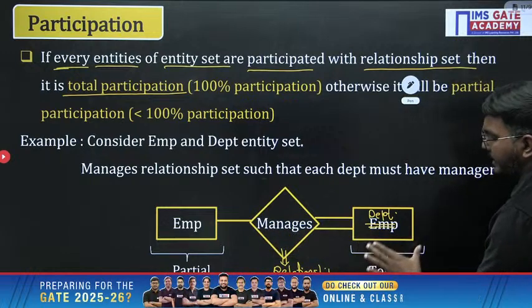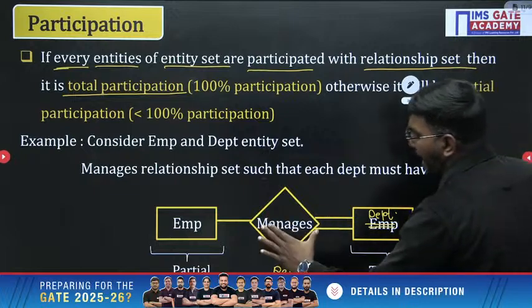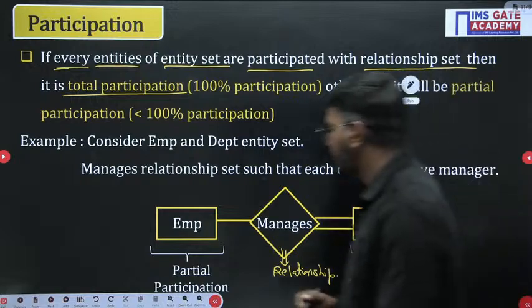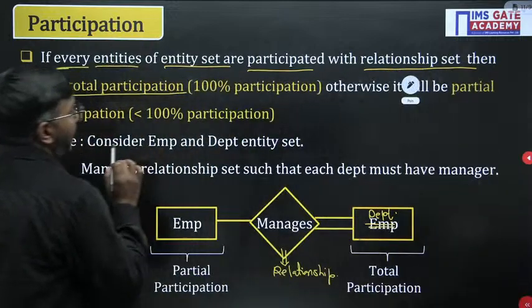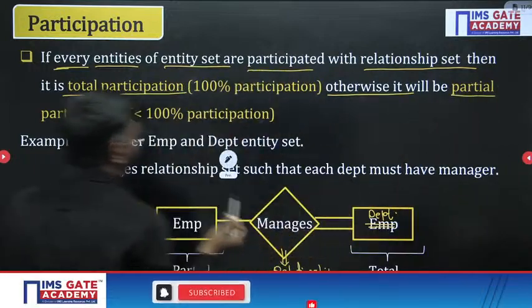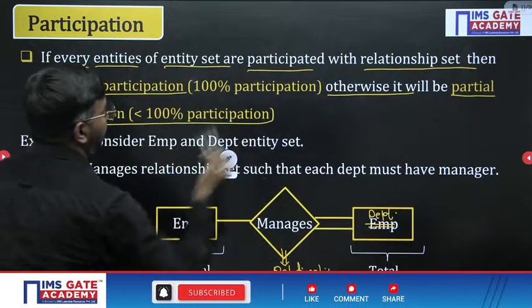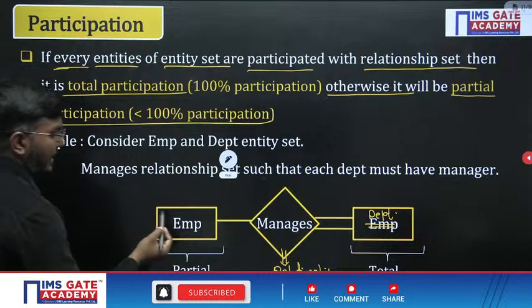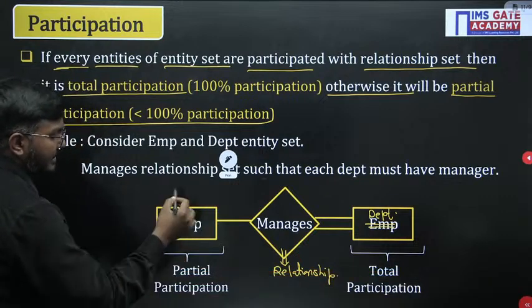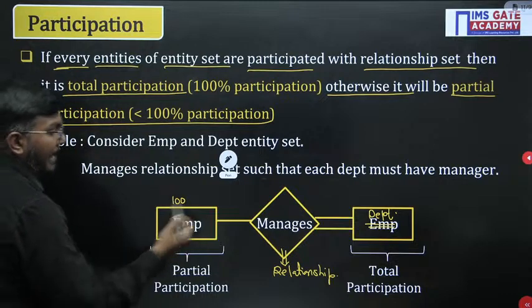Every department entity will participate in the managing, or we can say manager, relationship set. Understood? Otherwise it will be called a partial relationship set or partial participation. Let's assume we have 100 employees. Out of 100 employees, some employees may be managing some department here.